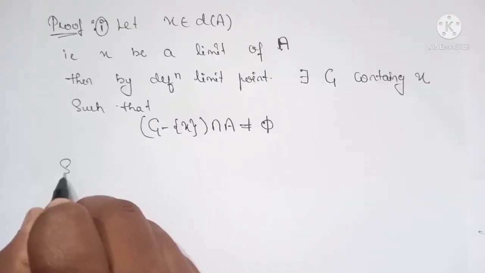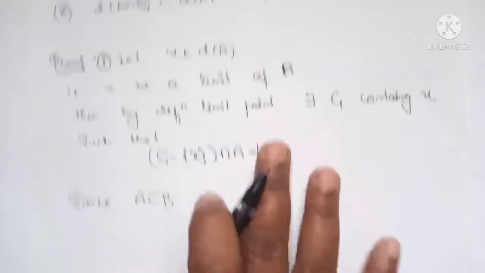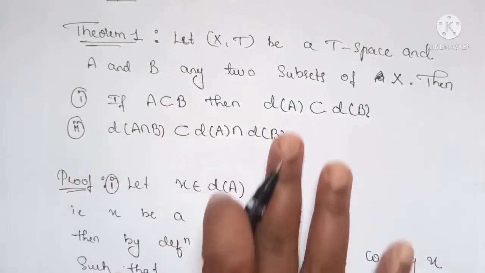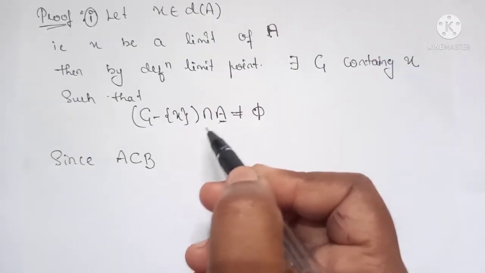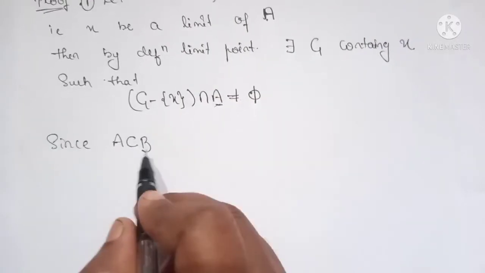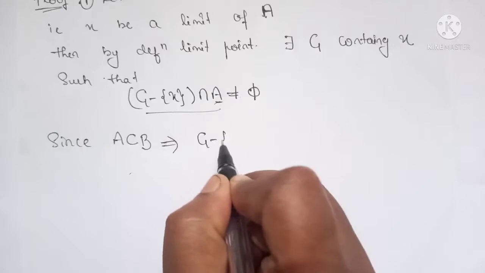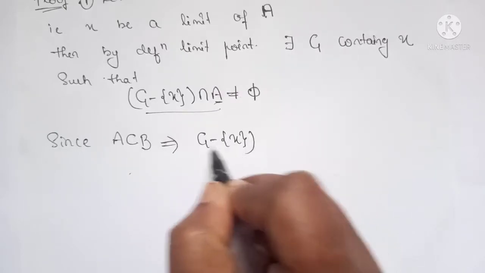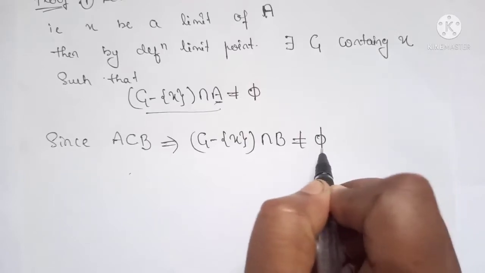Since it is given that A is a subset of B, all the elements of A are contained in B, so we can replace this A and write (G minus x) intersection B is not equal to the null set.